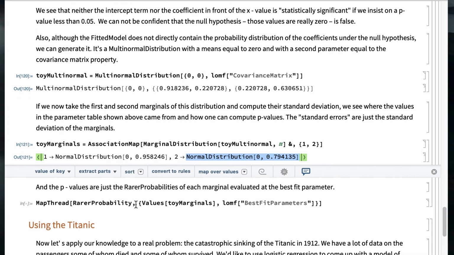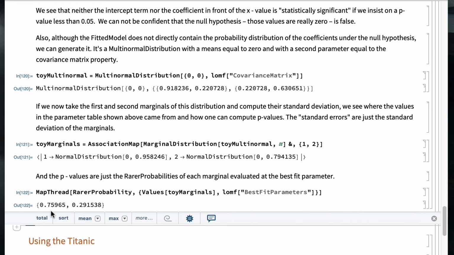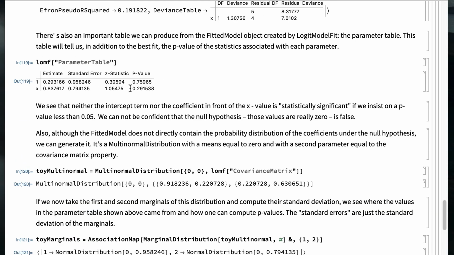And so we could actually see where they get those p-values from. And I told you it's the rarer probability. So let's just do that. And chunk. It takes a moment because rarer probability is a little bit complicated. And we get these values 0.7595, 0.291538. Look at that. Same thing they got over here. So this is telling you where all this stuff comes from.